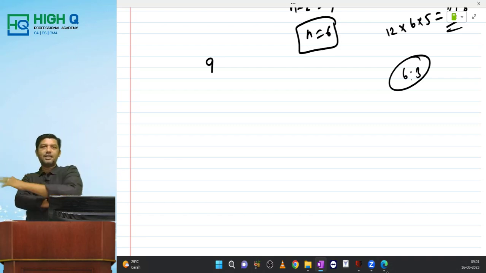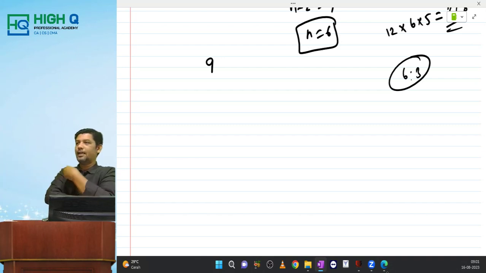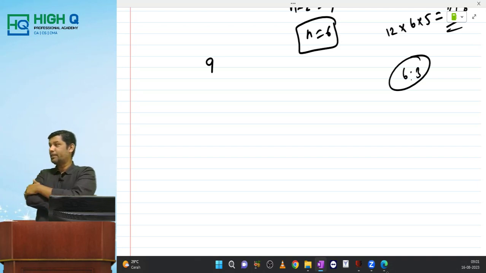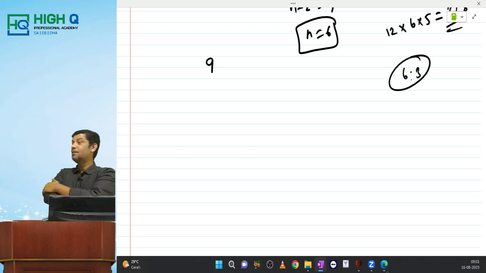For example, these are the 5 people and I am standing in election. Myself and our boss both are standing in the election. Now, how will they decide who is winning? How will they decide? Majority.